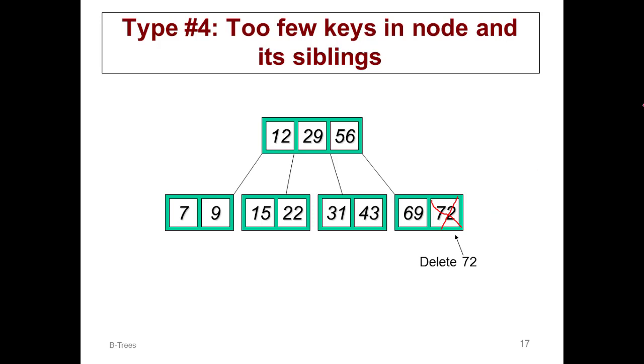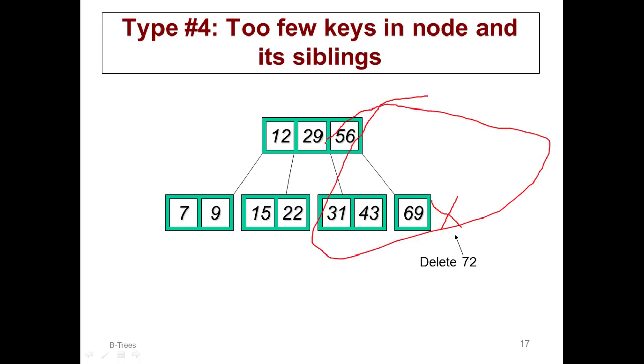So what we have to do, according to the points mentioned in the previous slides, is merge this particular node around this key, including this node 56. So deletion of that key causes too few keys at this particular level.